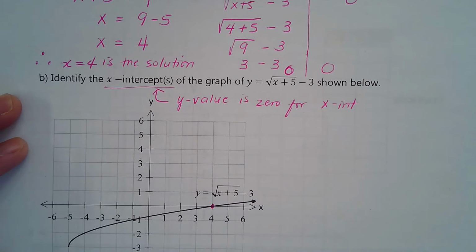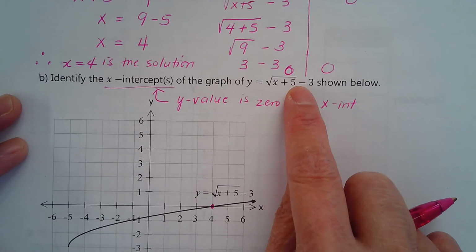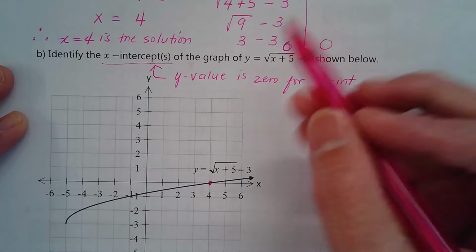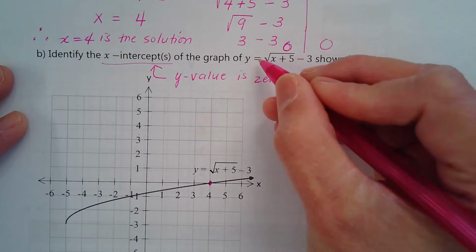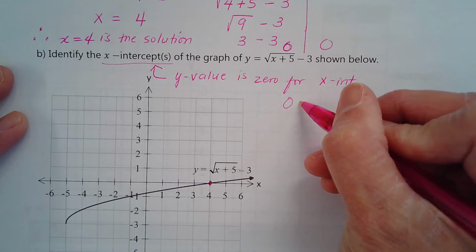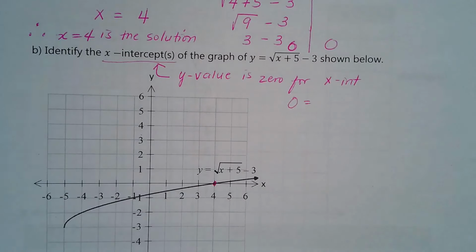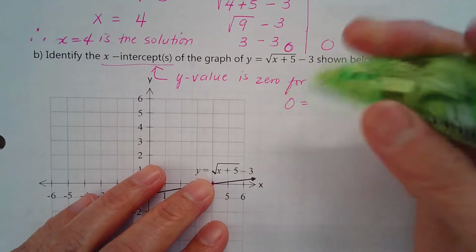At the x-intercept, y is 0. So when we look at this one, if we substitute 0 for y, hold on, I'm going to rewrite it because I want to make sure it's clear and I don't have arrows going everywhere.